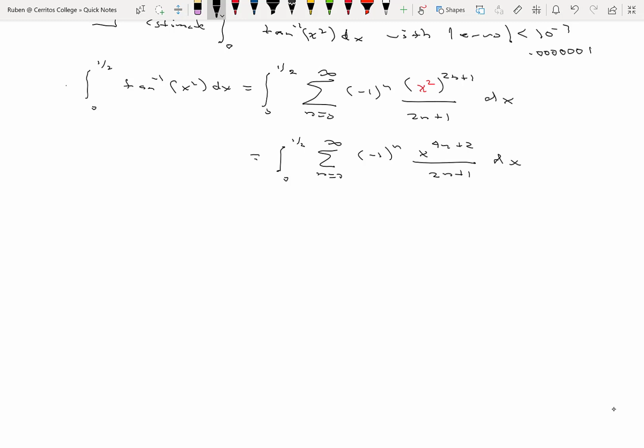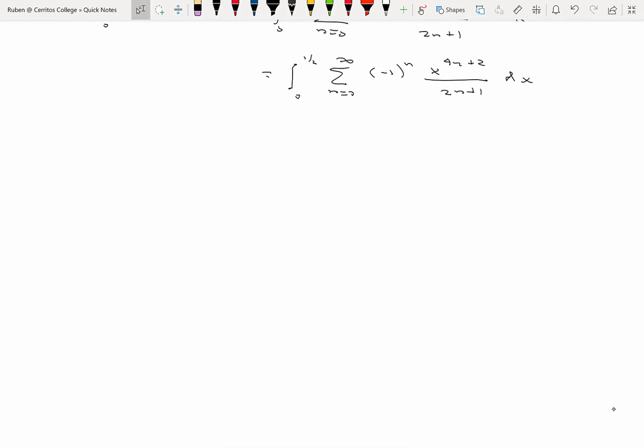Integrate that with respect to x. I'm going to pass the integral sign into the summation past everything with n's in it and no x's until I hit something with x's in it. So I'm going to get the integral sign inside that sum. So this is n goes from 0 to infinity.